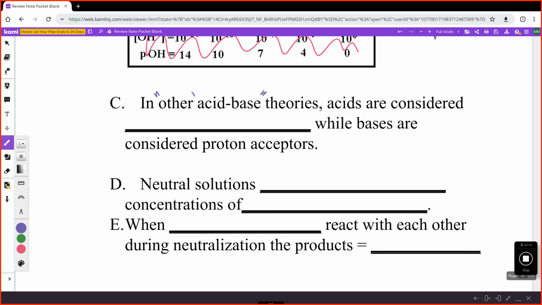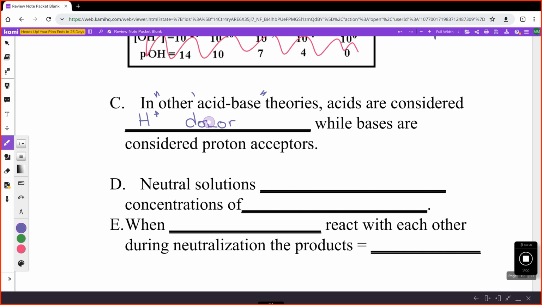So when you see that, understand that it's talking about this Bronsted and Lowry theory. Acids and bases are considered either H plus donors or H plus acceptors. The acid is considered an H plus donor.